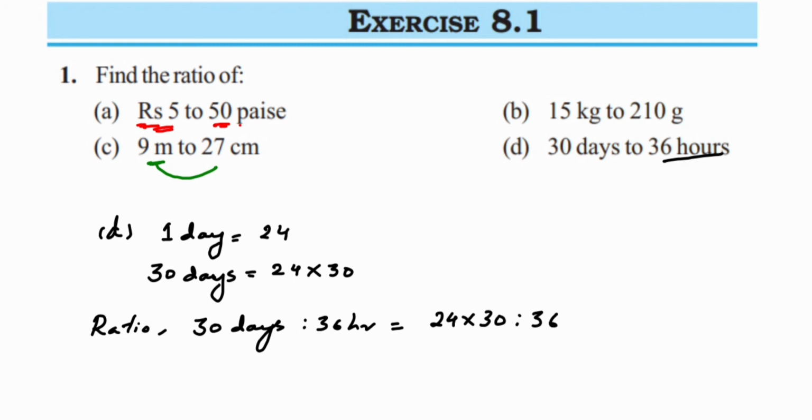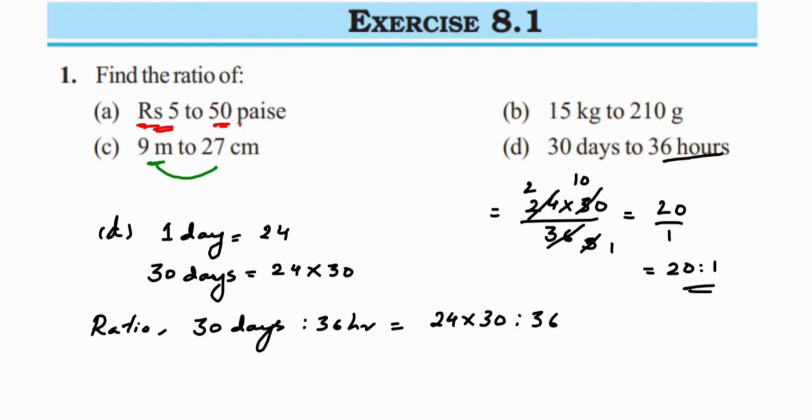Writing this in fractional form, 24 into 30 upon 36, I can cancel directly in the 12 table: 12 2s are 24, 12 3s are 36. Then 3 1s are 3, and 3 10s are 30. So the fraction we get is 20 upon 1, and the ratio is 20 is to 1.